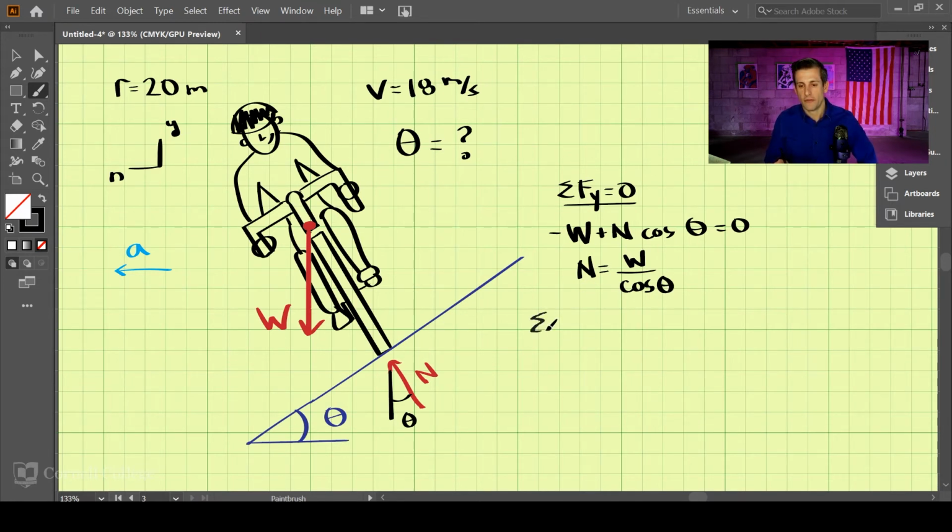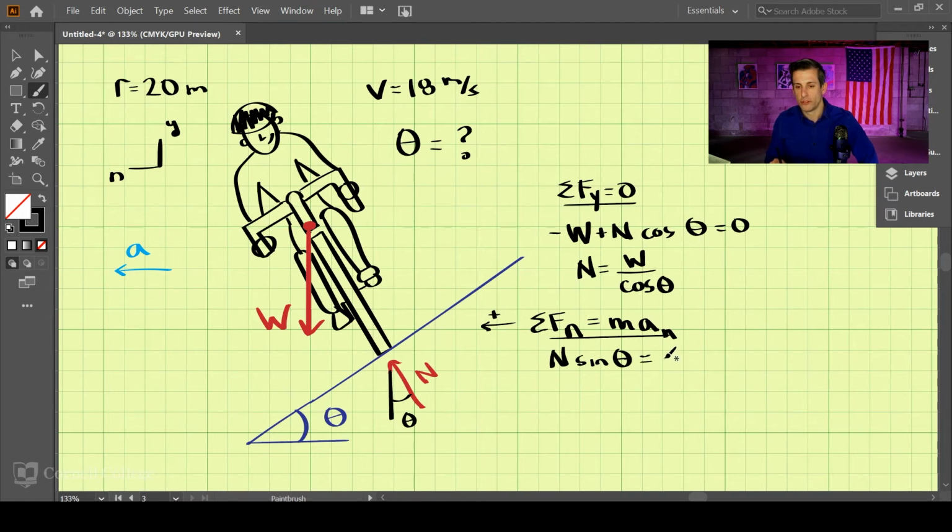Now let's sum the forces in the normal direction, and that will equal the mass times the acceleration in the normal direction. And remember that the normal acceleration positive is to the inside of the track here. So the sum of the forces, well, we just have this N component, which is N sine theta this time.